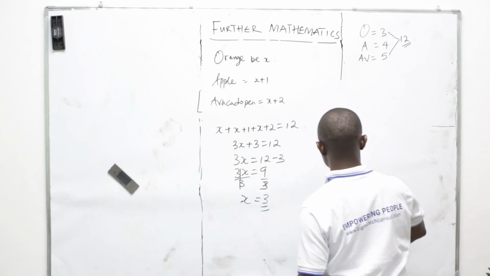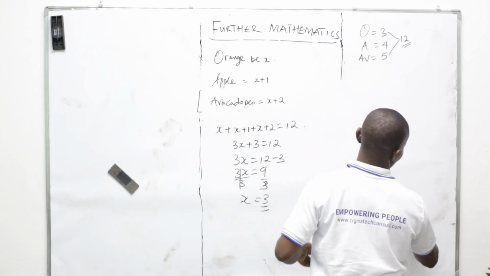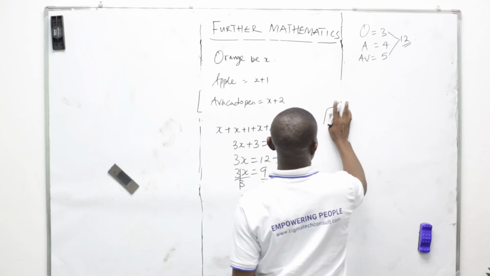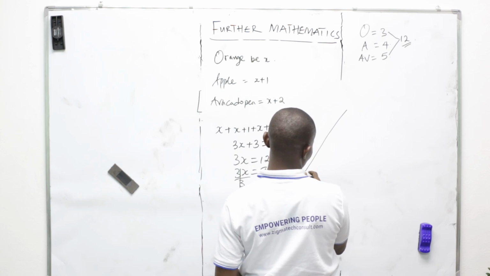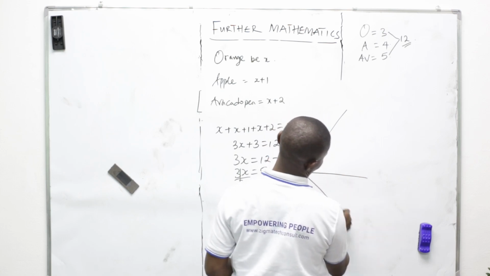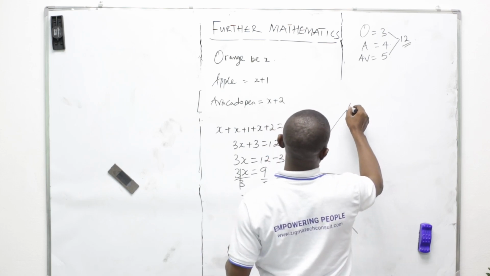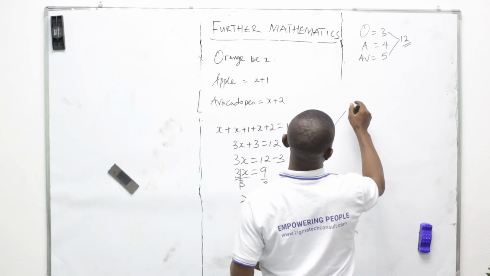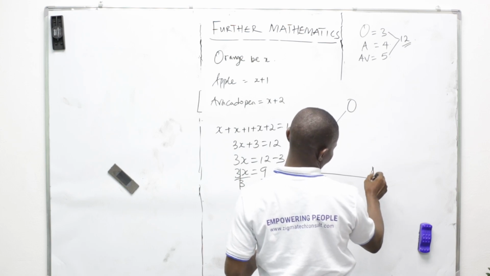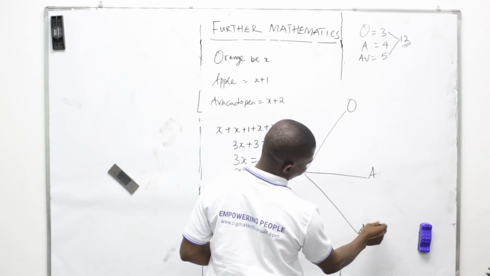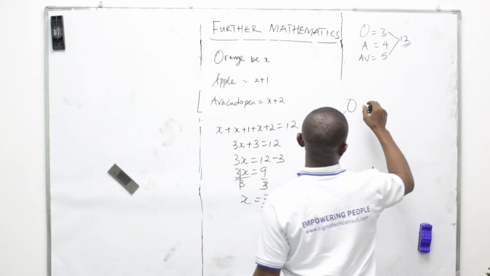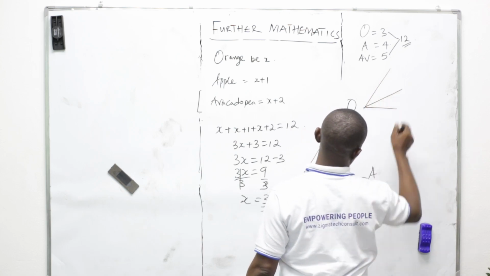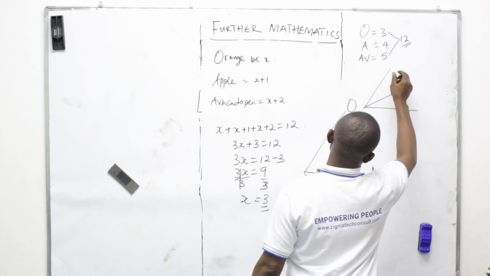Applying the tree diagram, we have how many fruits? 3 fruits. Orange, apple, avocado pear. 2 of them are taken at a time like this.